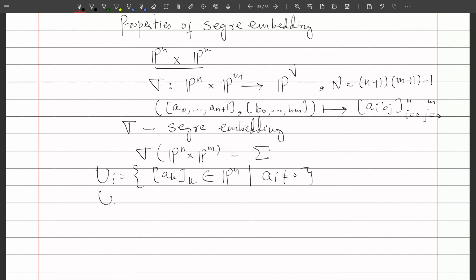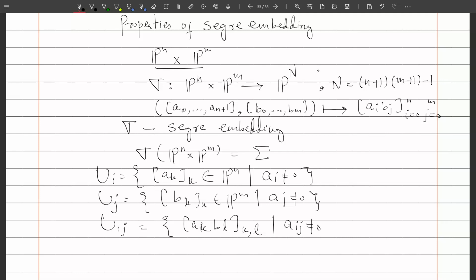Similarly, Uj is the set of all points, say bk, in Pm whose jth coordinate is non-zero, and similarly we define Uij. This contains the set of all points, say ak bl, where k and l go from 0 to n and 0 to m respectively, whose ij-th coordinate is non-zero.